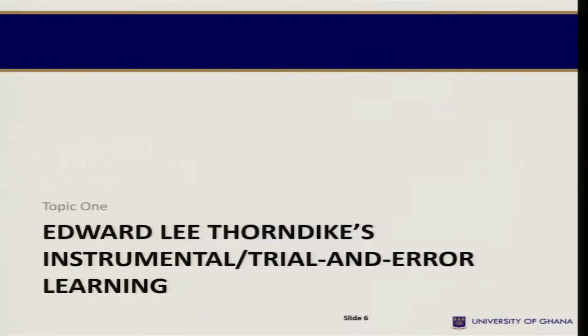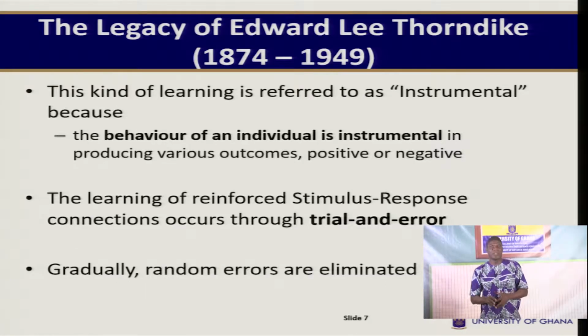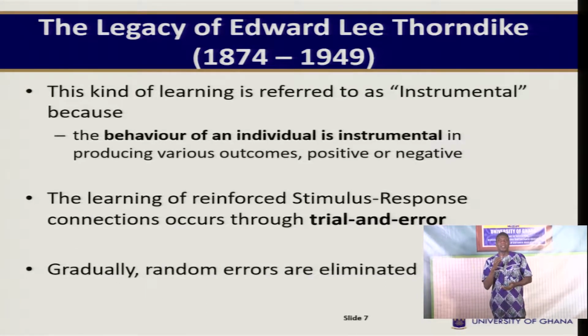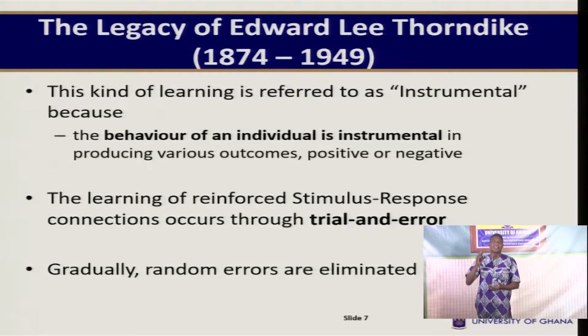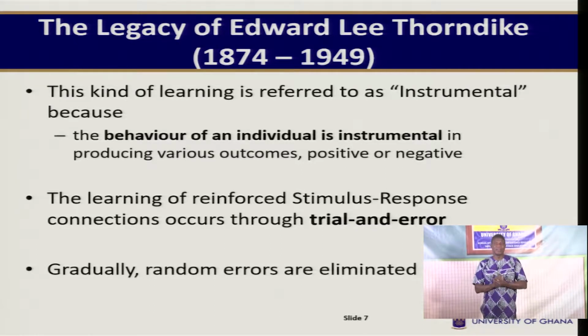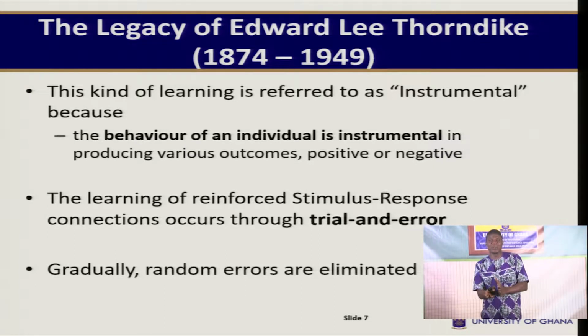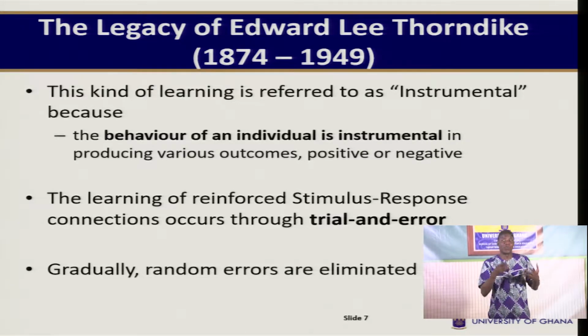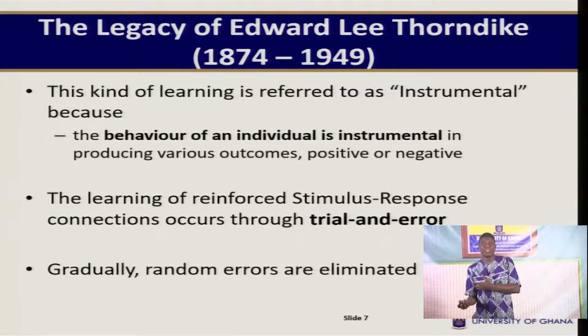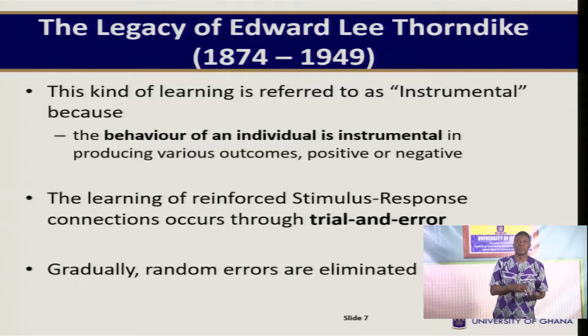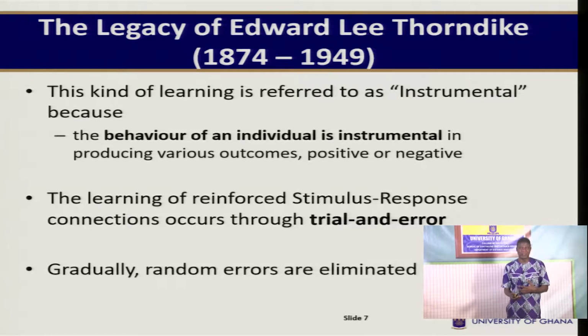So let's look at the first topic, topic 1, Thorndike's instrumental trial and error learning. All right, so this is Edward Lee Thorndike's instrumental learning. This kind of learning is referred to as instrumental because the behavior of an individual or the organism is instrumental in producing various outcomes, which could be positive or negative.